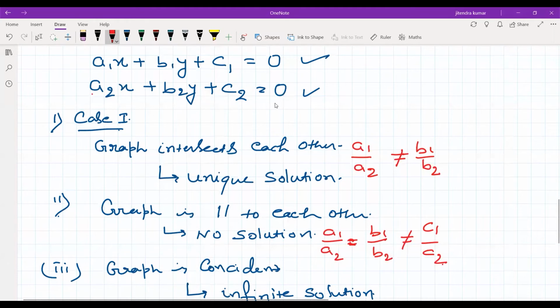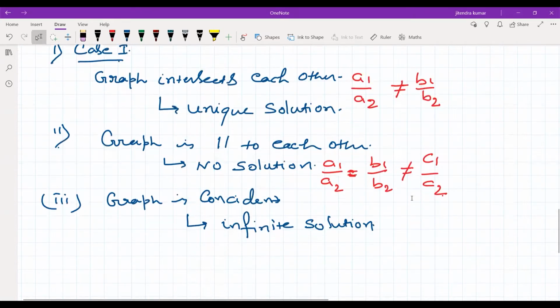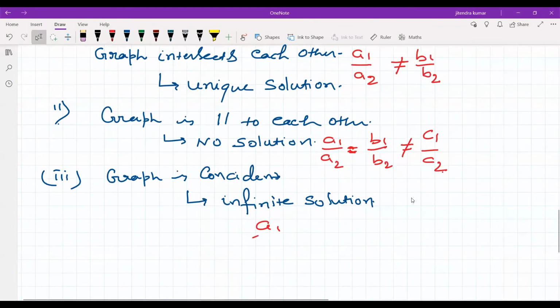In the third case, all three are equal: a1 by a2 is equal to b1 by b2 is equal to c1 by c2. In this case, we have an infinite number of solutions.